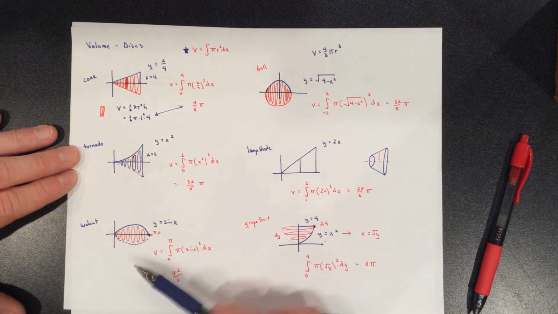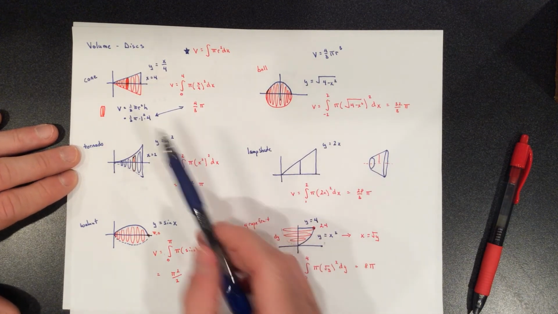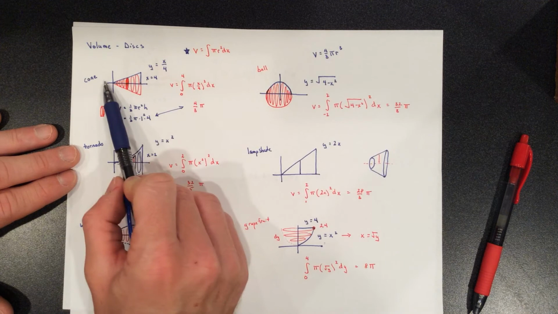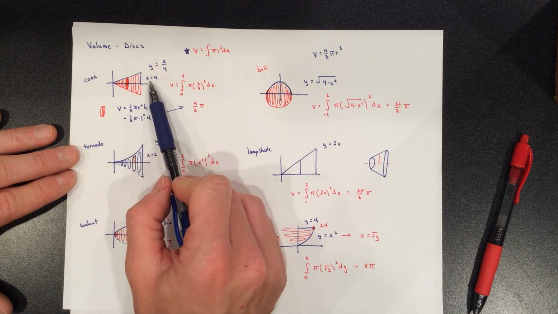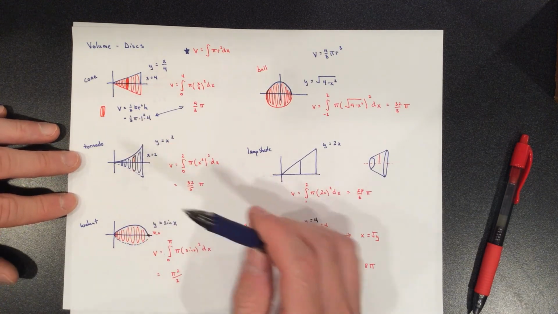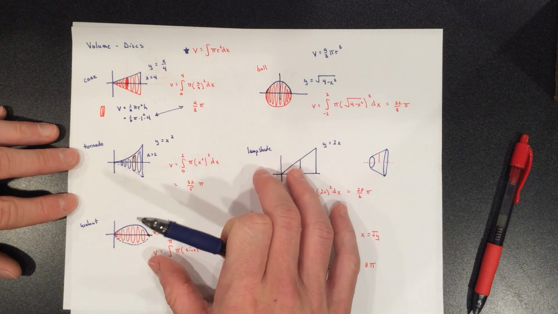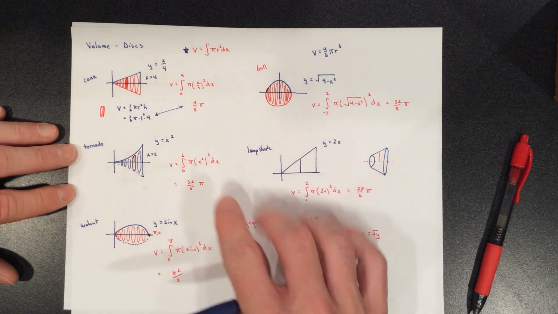Cone, tornado, walnut, ball, grapefruit, there's no hole in them. There's no hole because the area I was revolving is completely adjacent to the axis of revolution or rotation. Okay, that's discs. You can look for a couple future videos when I'll do washers and I'll do cylindrical shells, which kind of are the advanced versions of when things are shifted.